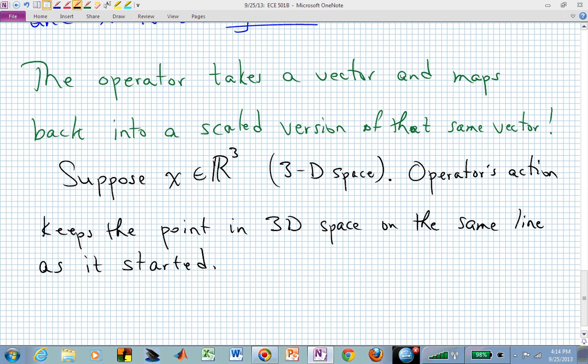So if we started at a point x, and that's what this vector is representing, then we operate on that point by this linear map A, and what that does is it just takes us back to a line that contains that original point. Meaning you have a point, you operate on it by this 3 by 3 matrix, and it maps back onto a line containing that same point. So you're staying on that line. That line is sort of invariant with respect to that map. You're not varying from or off of that line.